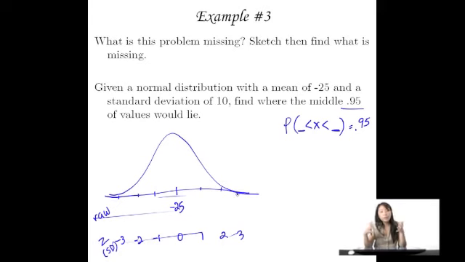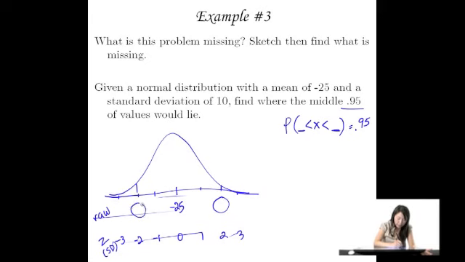And if you remember the empirical rule, we know that around here and here, this is approximately 95%. And if you want to check that, you could add 34, 34, 13.5, 13.5, right? And that's about 95% of the curve. So let's try to find what these values are right here.